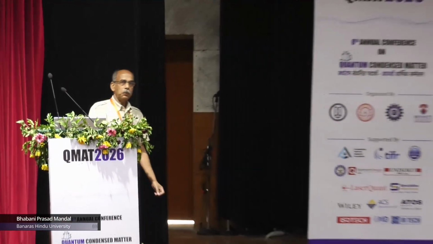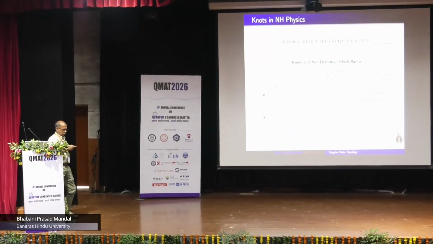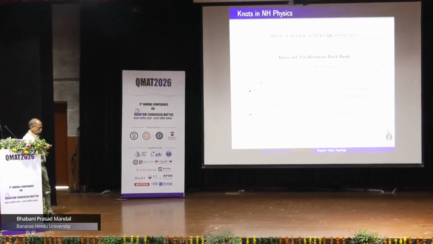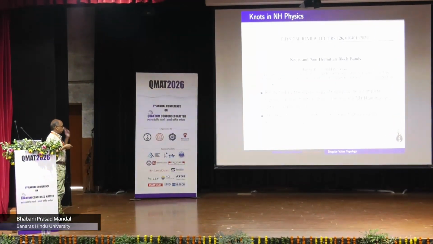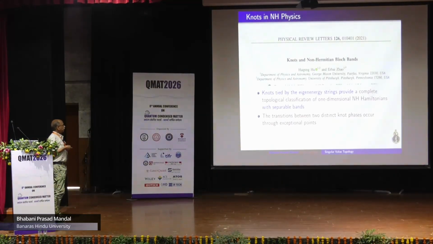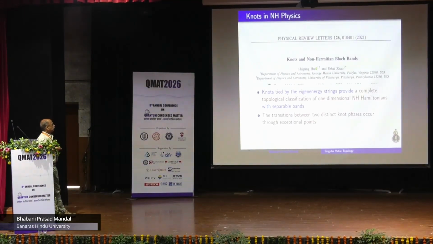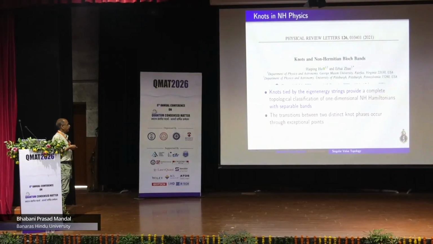Okay, so now I come to some review, some work already known on knots in non-Hermitian theory. So this is the very first and very important paper. That figure was taken from this paper actually. In this paper, knots tied by the eigenenergy strings provide a complete topological classification of one-dimensional non-Hermitian Hamiltonians with separable bands.